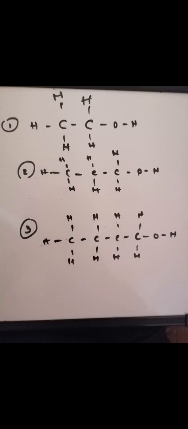The second one has 3 carbon atoms, so we say it is propanol. The third one has 4 carbon atoms, so we say it's butanol. That's how you go about naming this stuff.